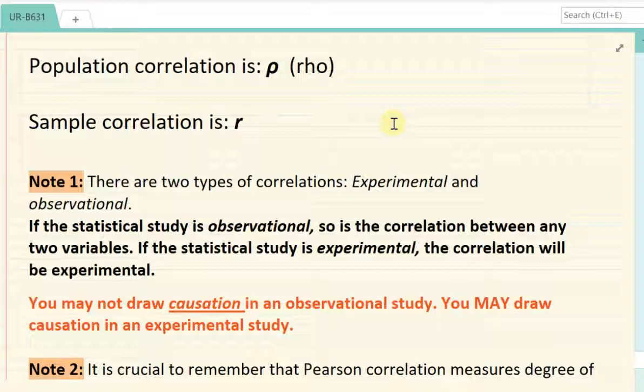But in an experimental situation, I could do that. I can draw causation. So for example, let's say I'm baking 4 cakes, all of them for 20 minutes at 4 different temperatures. So I'm in a situation where my study is experimental, right? Because I'm not just picking a random temperature.